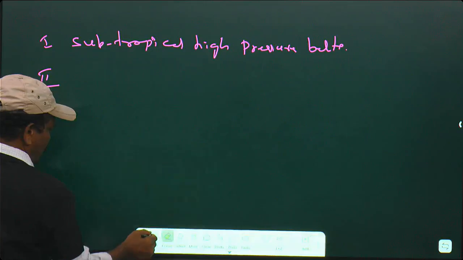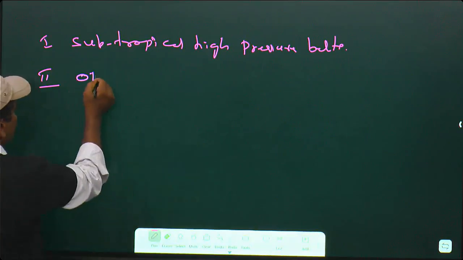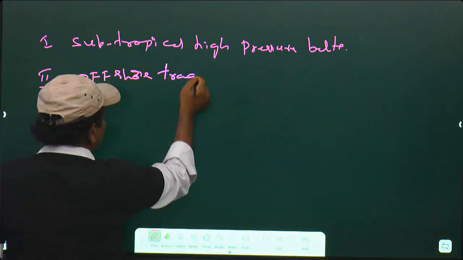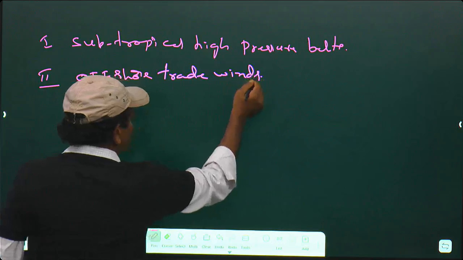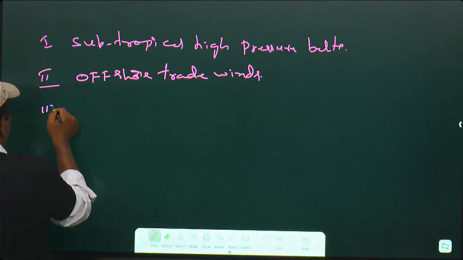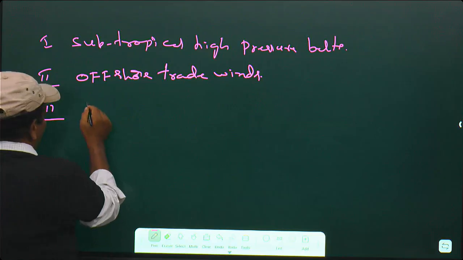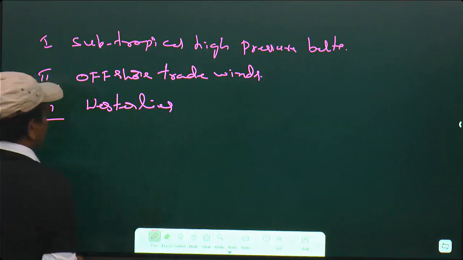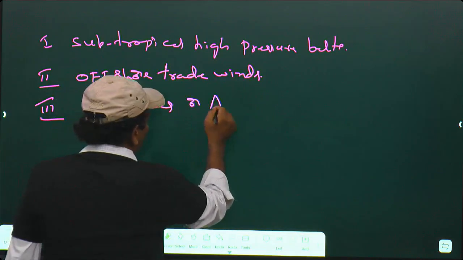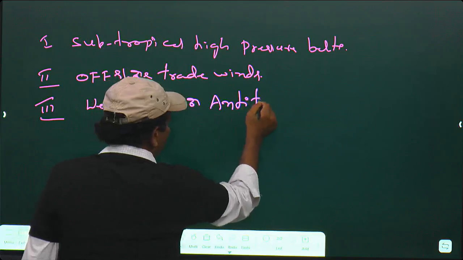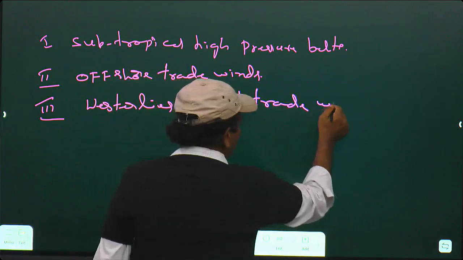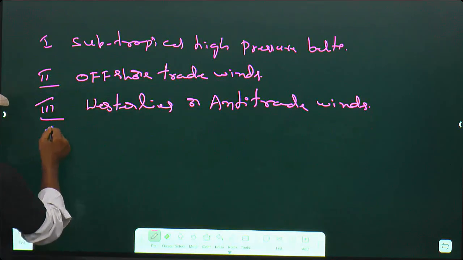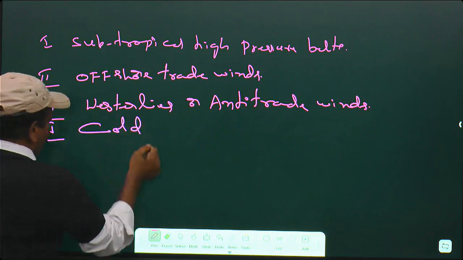Third one is westerlies, or anti-trade winds. Fourth one is cold currents.